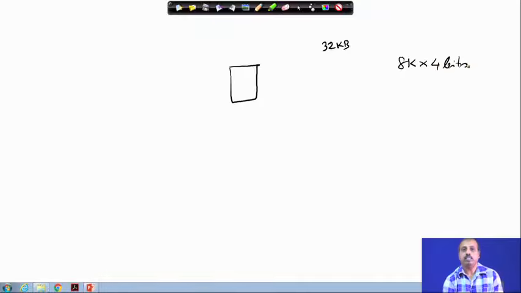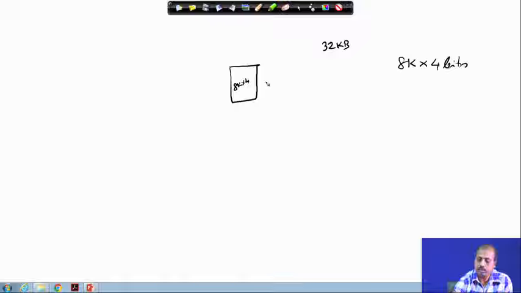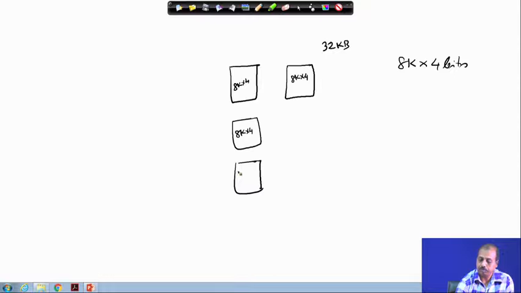So, this we have seen previously: 8 kilo by 4. What you do in that case is you take 2 such chips in parallel. So, this is another 8 kilo by 4, and this is another 8 kilo by 4.